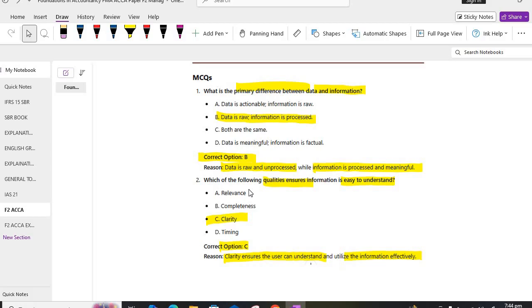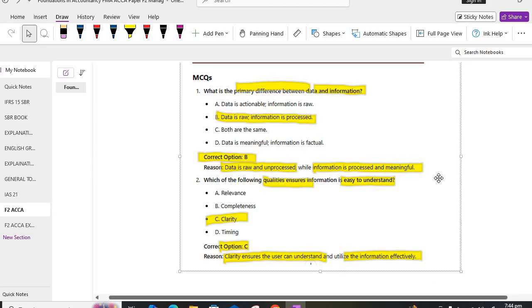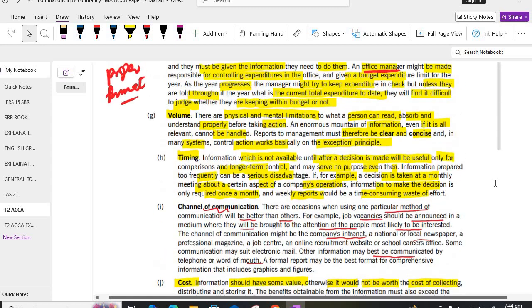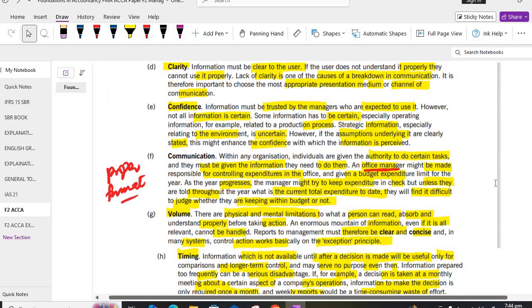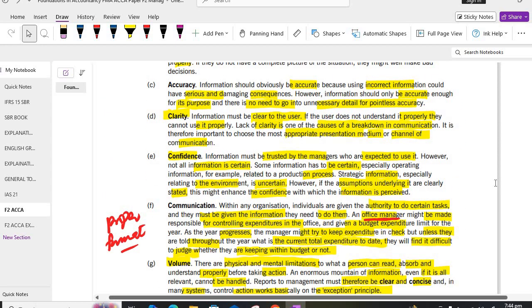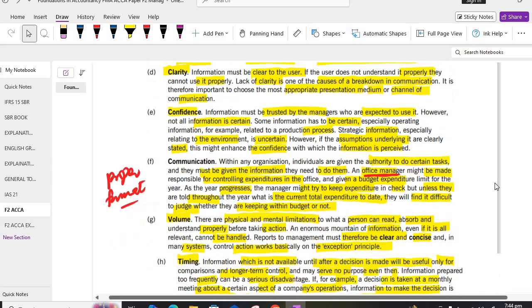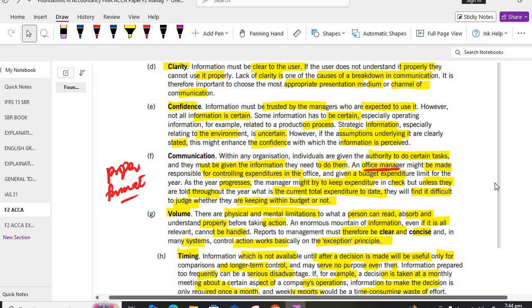Then about clarity, we have discussed that information must be clear and understandable to avoid miscommunication. And then about timeliness, we have discussed that information must be effectively communicated to the right people at the right time.